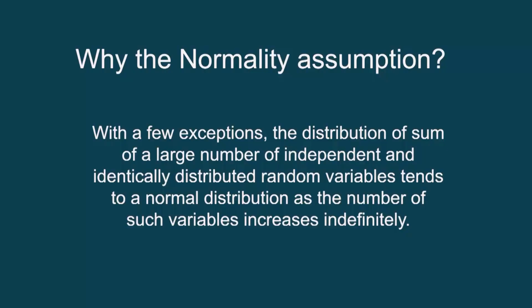As we can see, the very first important assumption says that the distribution of the sum of a large number of independent and identically distributed variables tends to a normal distribution as the number of variables increases indefinitely. This means with the increase in the number of observations, we can say that on average it will follow a bell-shaped distribution.